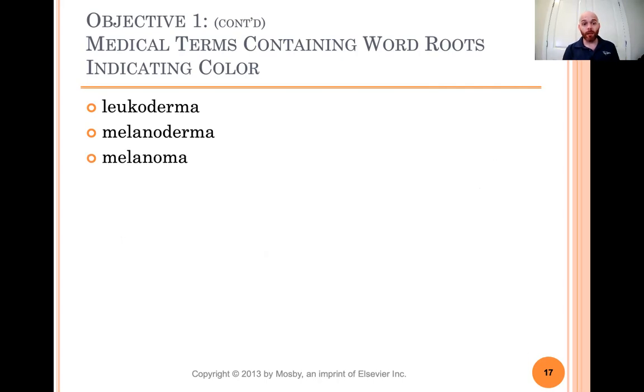Melanoma, so melanin is a pigment, and then oma, remember we've had that before. What does oma mean? Think about it for a second. Means cancer or tumor. So this means a cancer or tumor of the pigment cells.